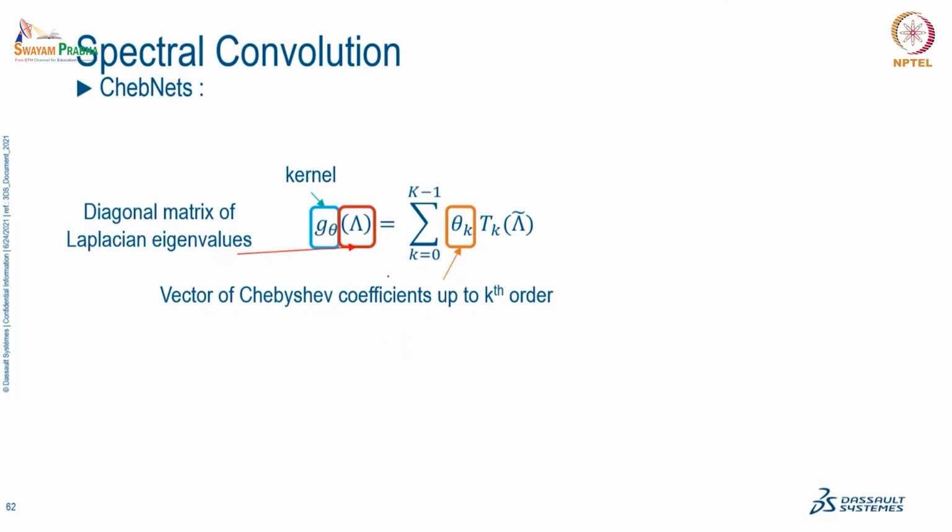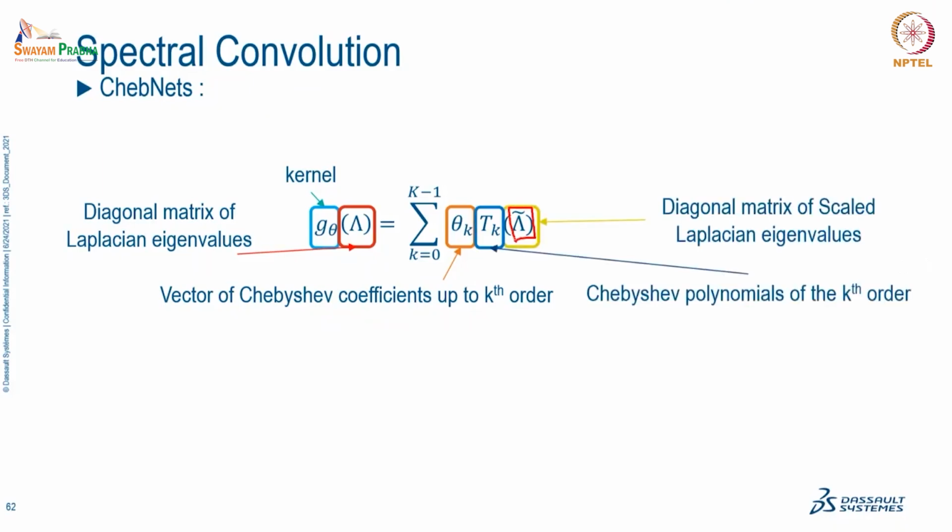So those are being multiplied with this scaled Laplacian. This is the scaled Laplacian matrix, and that is the diagonal matrix. This is the sparse one.